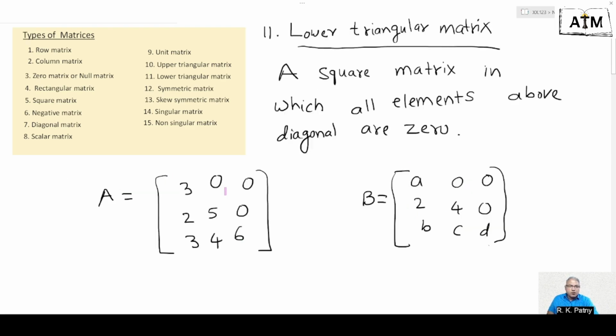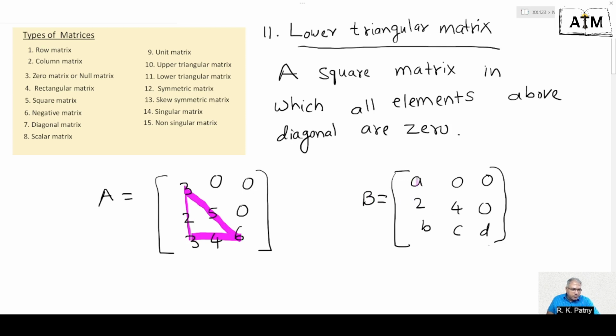The next one, lower triangular matrix. A square matrix in which all elements above the diagonal are 0. This is a diagonal, and above the diagonal all the elements are 0. And if you trace all the elements, you will get a triangle, and the elements are present along the diagonal and below the diagonal, but above the diagonal all the elements are 0.